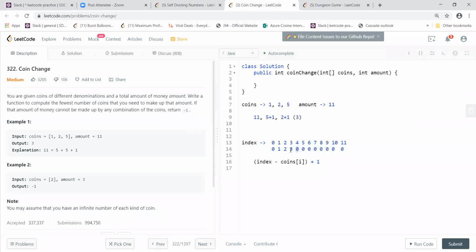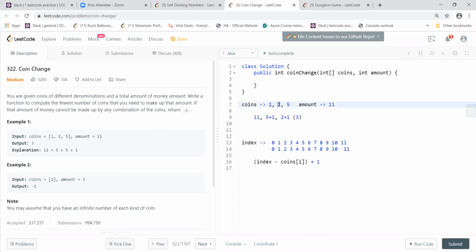If I go on increasing the way it is, this will be 5, this will be 6, this will be 7, and this will be 8, 9, 10, and then 11. But every time I do this, I need to check if that is the minimum one. Okay, so now this is the first denomination coin that we completed.